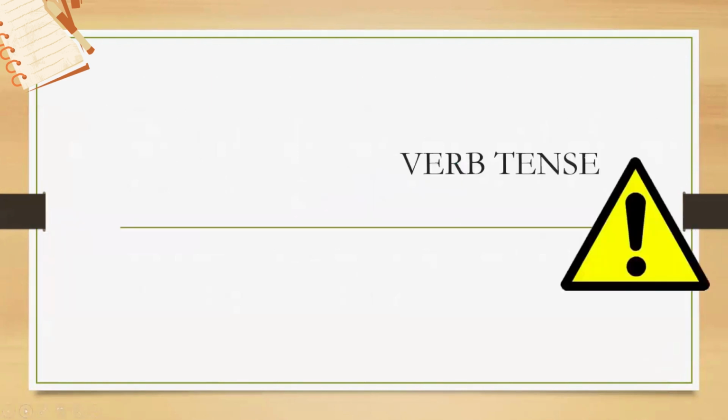One error that we need to look out for in grammar is what we call the use of verb tense. Now take note that the time marker itself would tell us what particular tense we are going to use. So you have to check whether it's present, past, or future to know the correct tense of the verb.